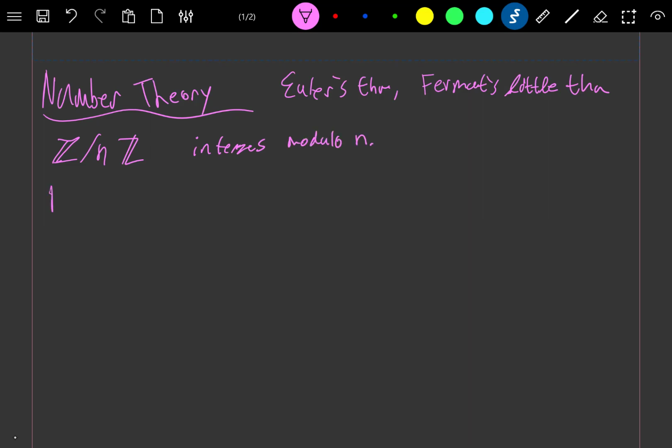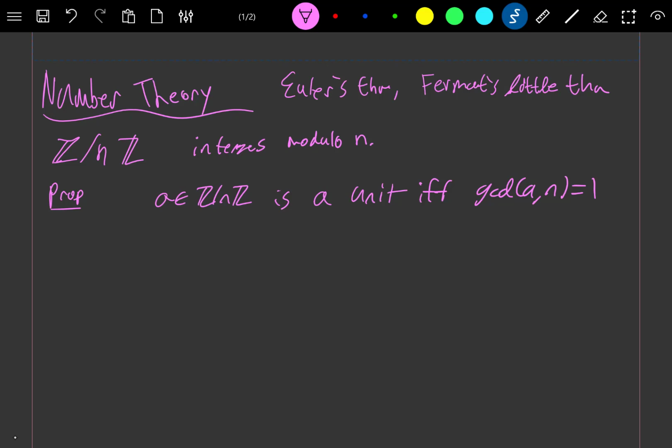Namely, last time we showed that a in Z mod nZ is a unit if and only if the GCD of a and n is equal to 1. And this will be the key thing that we use today.